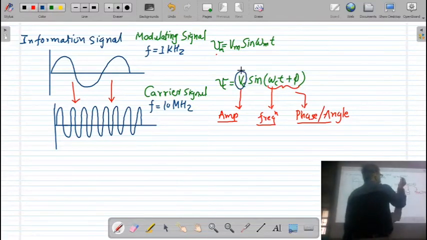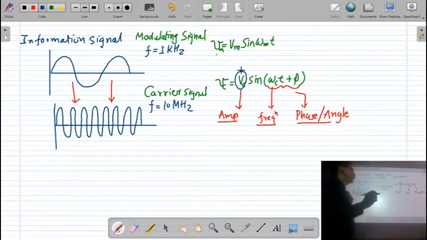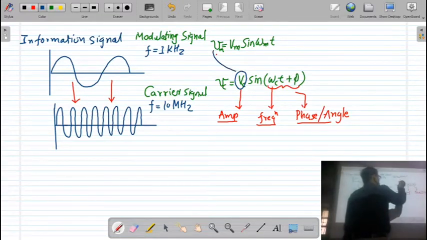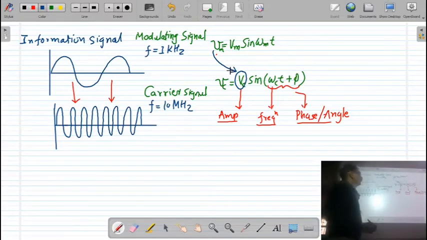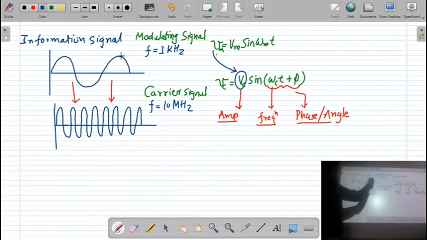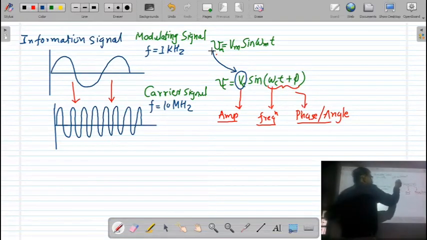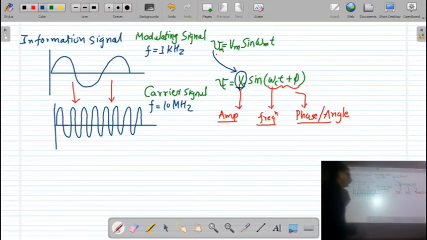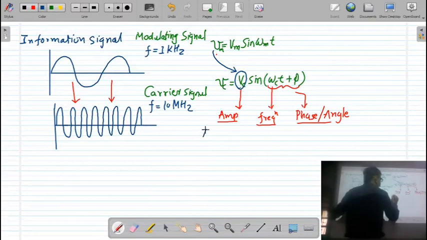When the amplitude of the carrier wave changes according to the amplitude of the modulating signal, which goes on increasing, decreasing, again increasing, decreasing, then it is known as amplitude modulation.